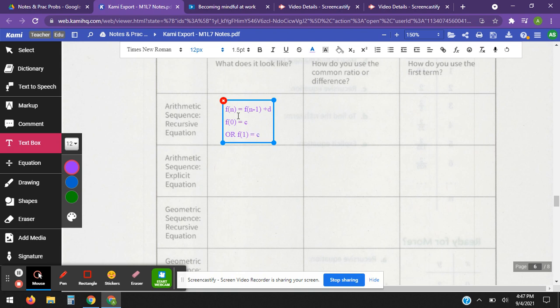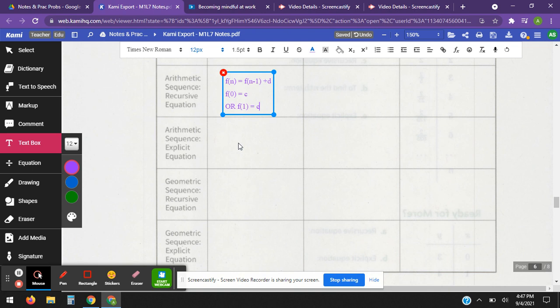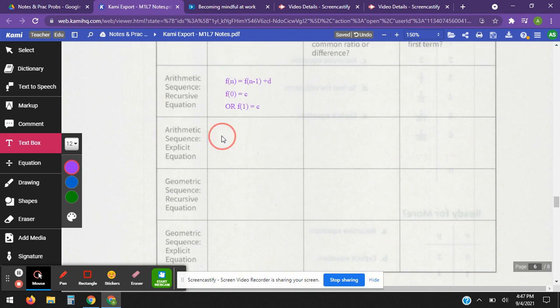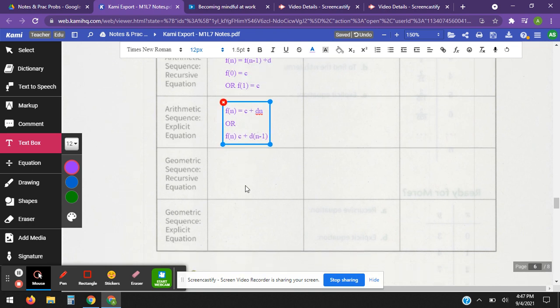And then when we go to make the explicit equation from that, we have f of n equals that starting number plus b times our n, or we have f of n equals c plus d times n minus 1, right? So those are the two ways we will write that.